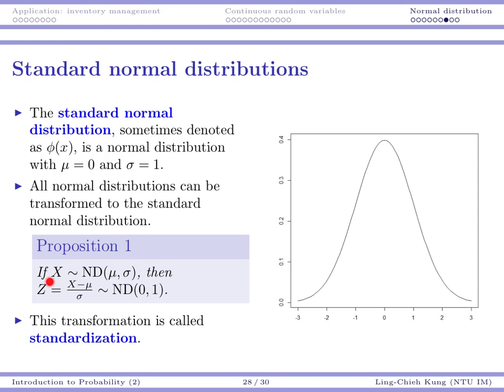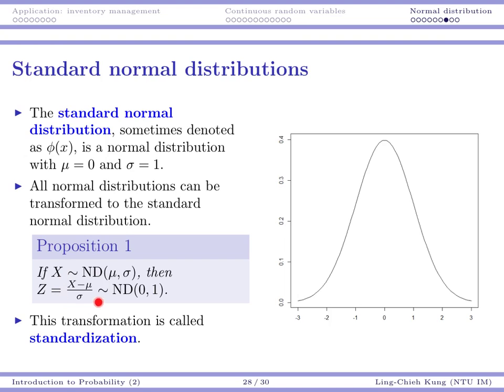Technically, if x is a normal random variable with mean mu and standard deviation sigma, then you plug x into a standardization function. For any realization of x, you subtract mu from it and divide the outcome by sigma.